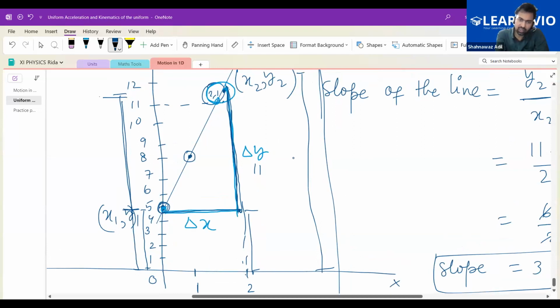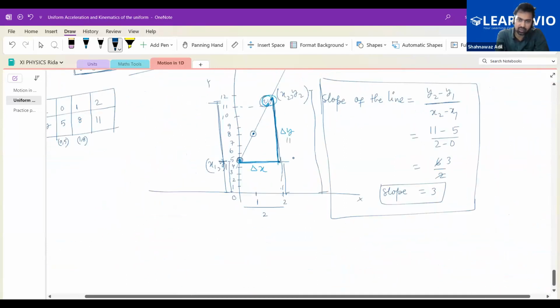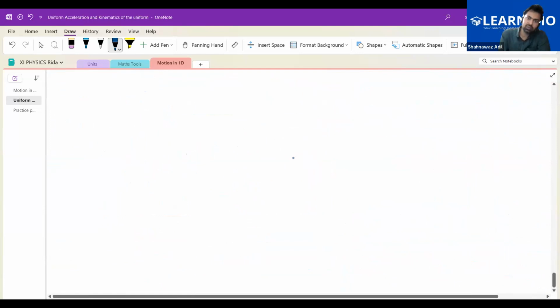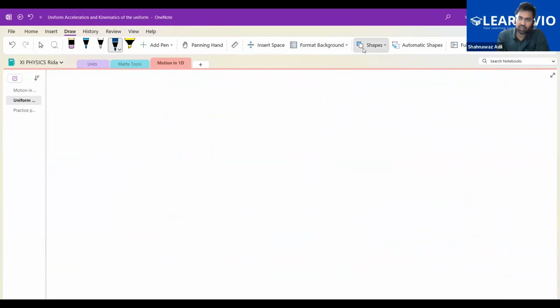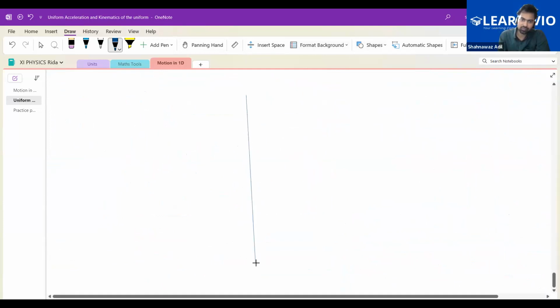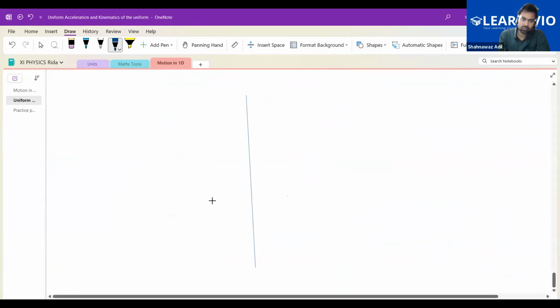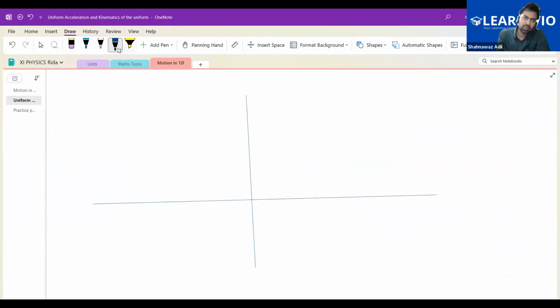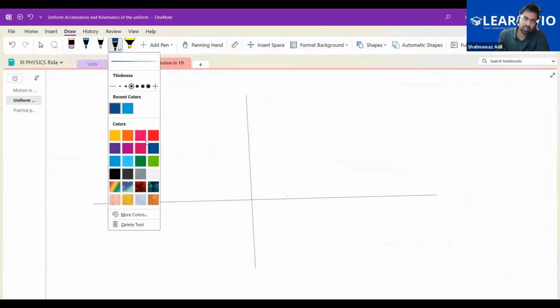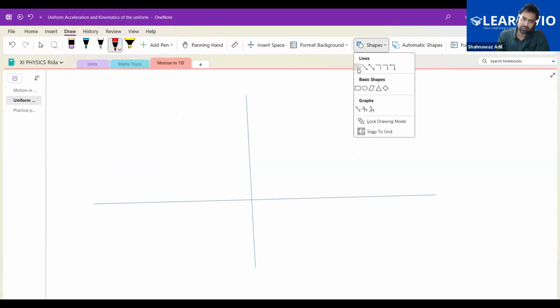If it is not clear, let me make another diagram which would be easy to understand. And let's say we have a straight line like this.